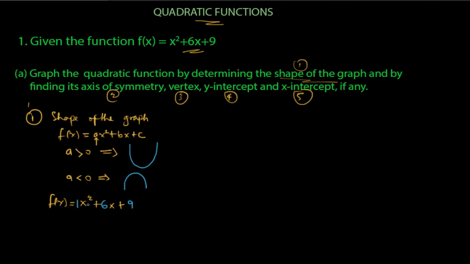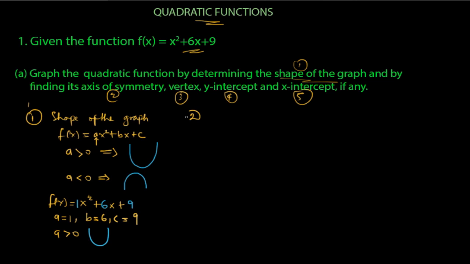When we compare f of x equals 1x squared plus 6x plus 9 with the general form of a quadratic function, you would observe that a is 1, b is 6, while c is 9. Since a is 1, a is greater than 0, so we expect the shape of the graph to be concave up. So now we already know the shape of the graph, so let's go ahead and find the axis of symmetry.